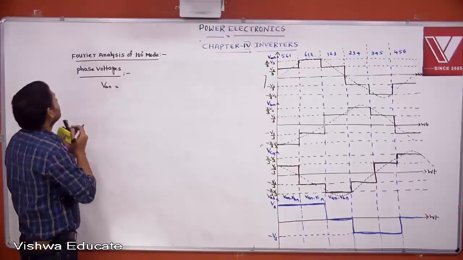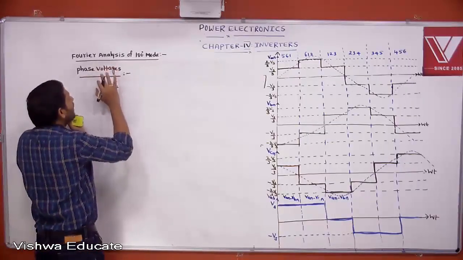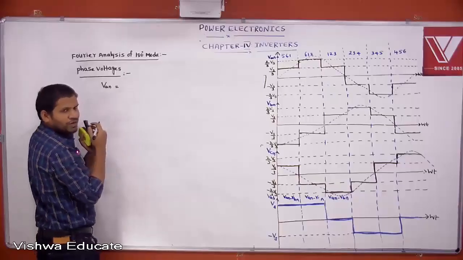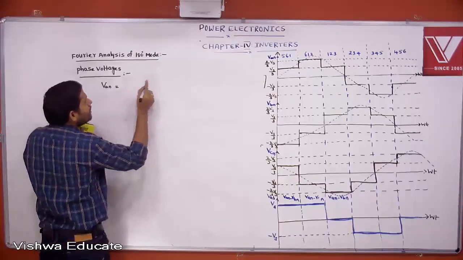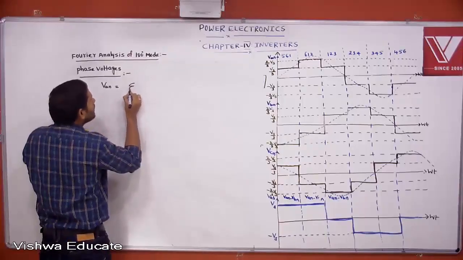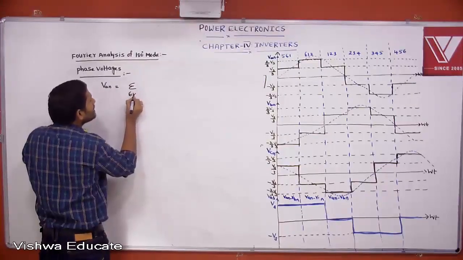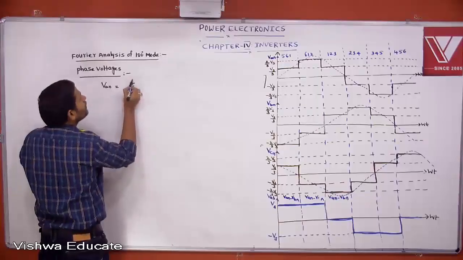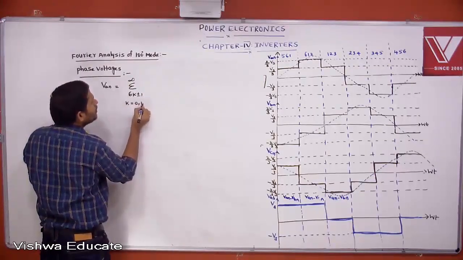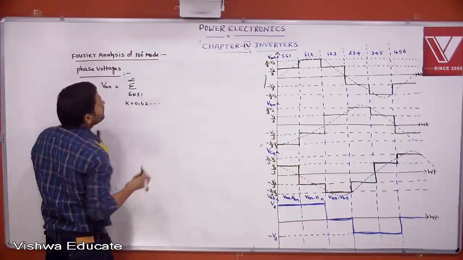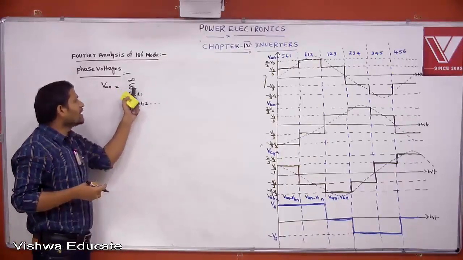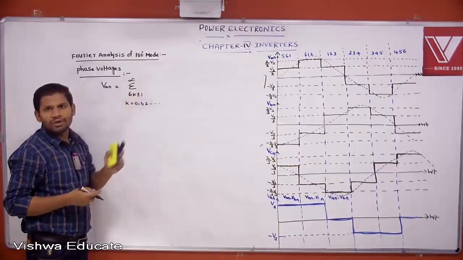Now, I want to write the instantaneous value of the nth harmonic phase voltage. It is a stepped waveform. Because of the stepped waveform, it consists of 6k plus or minus 1 harmonics up to infinity, where k equals 0, 1, 2 and so on. 6k plus or minus 1 harmonics means it does not consist of triple-n harmonics.